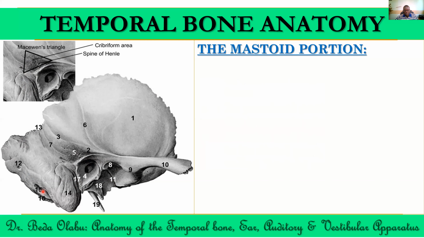Now we can talk about the semicircular canals. Semicircular canals are 3 in number, and they're located posterior-superior to the vestibule. If this is the vestibule, the semicircular canals are posterior and superior to the vestibule. There are 3.